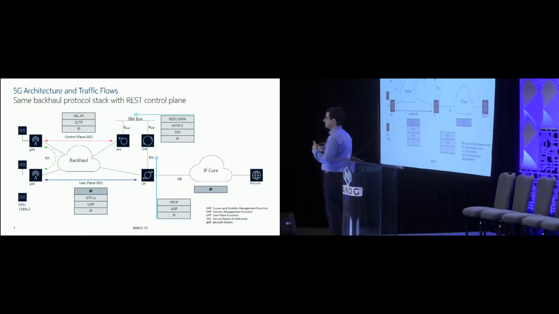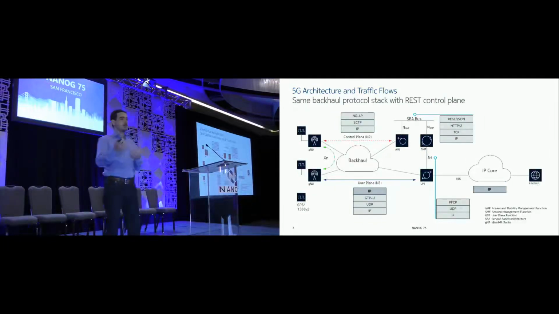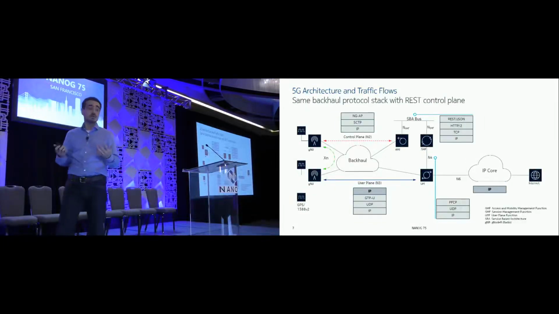where we get rid of all these peer-to-peer or point-to-point interfaces between any two elements and create a kind of bus infrastructure in a publisher and consumer model, where any of these functions can publish their own APIs and any other function can go ahead and consume those APIs as you need.